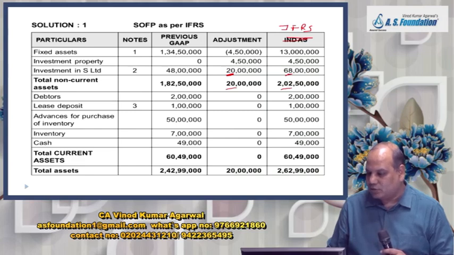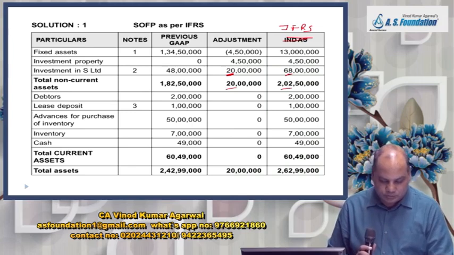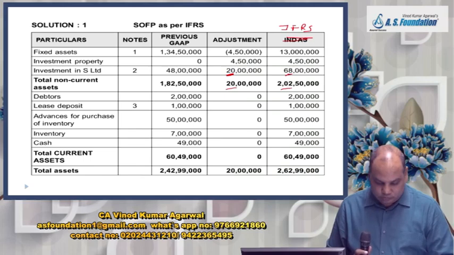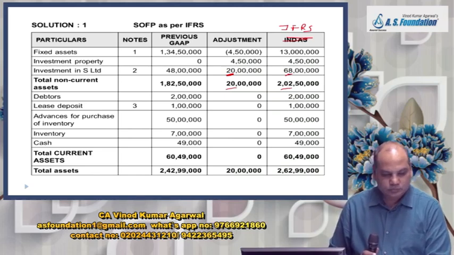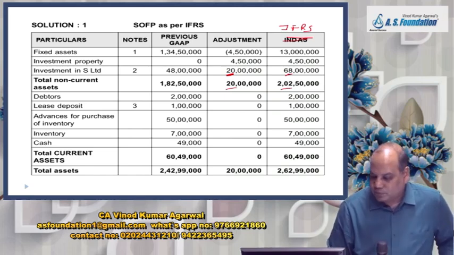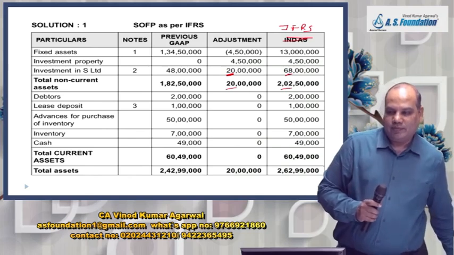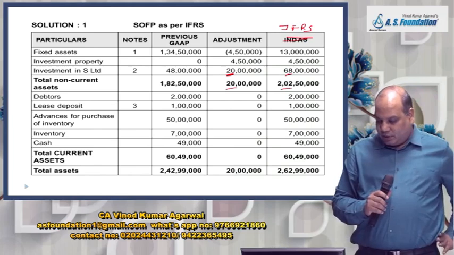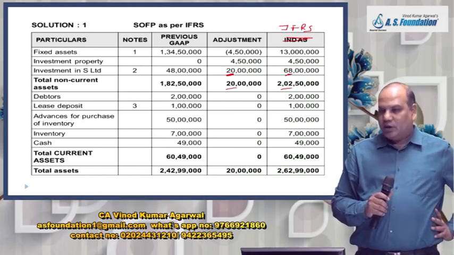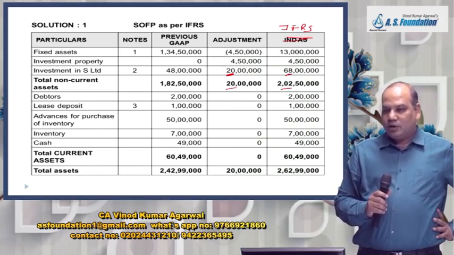Debtor 2 lakh, no adjustment, 2 lakh. Lease deposit 1 lakh, no adjustment, 1 lakh. Advance for purchase of inventory 50 lakh, 0, 50 lakh.